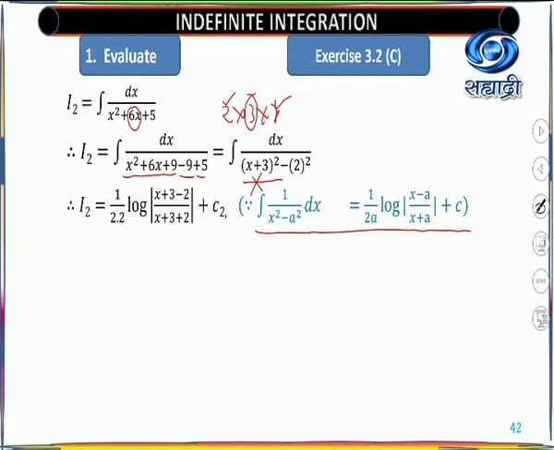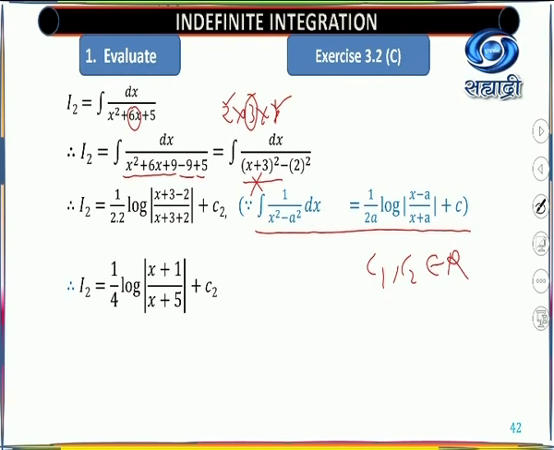You have two constants of integration for two integrals, and that is nothing but a real number, because C1, C2 belong to R. Keep this in mind. Here you will get 1 upon 4 log of x plus 1 upon x plus 5 plus C2.